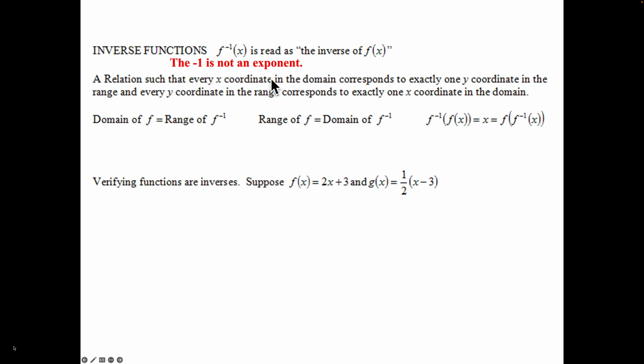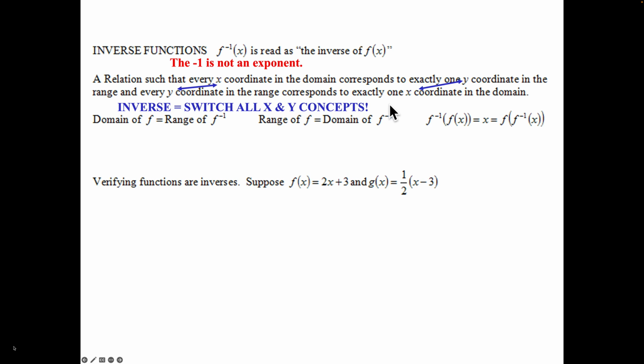Remember with our original function we said x's can't repeat, but the y's could. Now if I switch x coordinate, y coordinate, now nobody gets to repeat. X's can't repeat, y's can't repeat. So to be an inverse function, the number one thing I want you to remember is switch all x and y concepts.